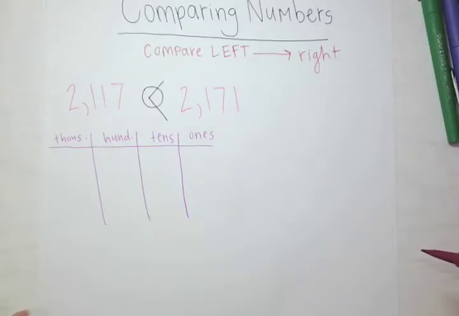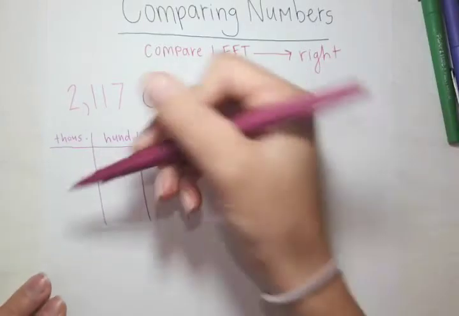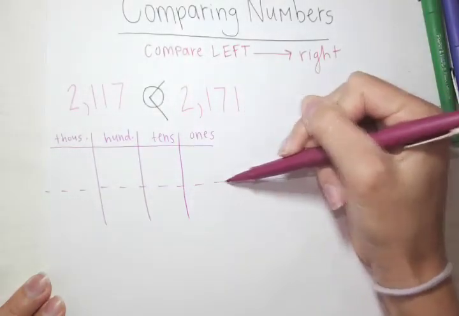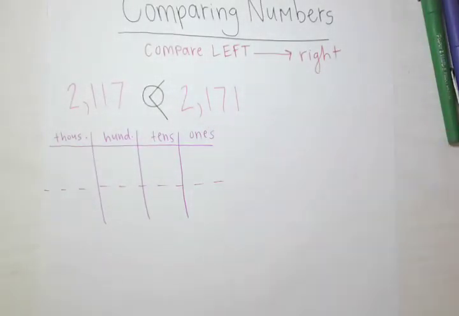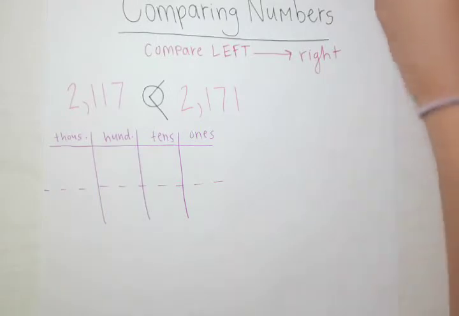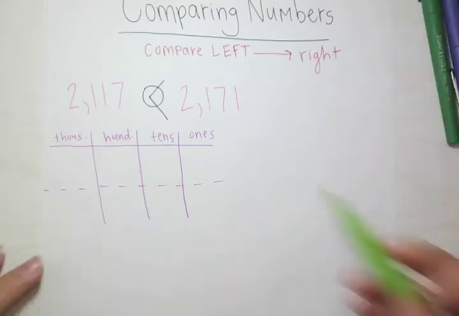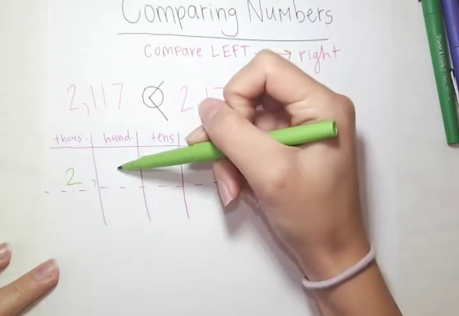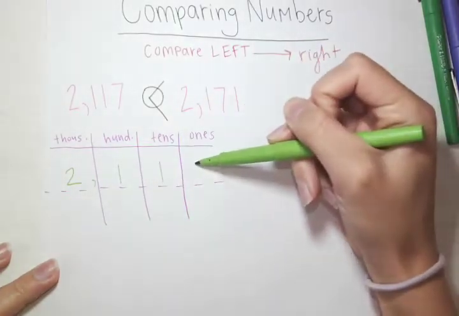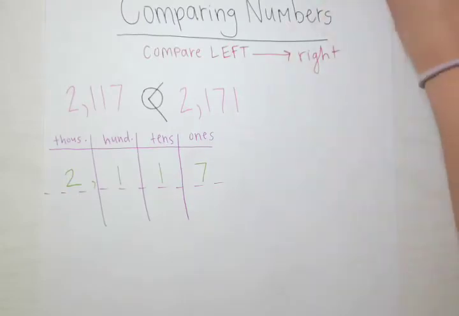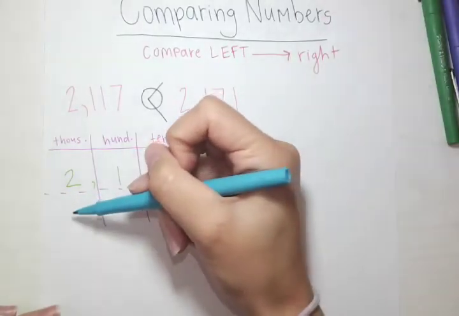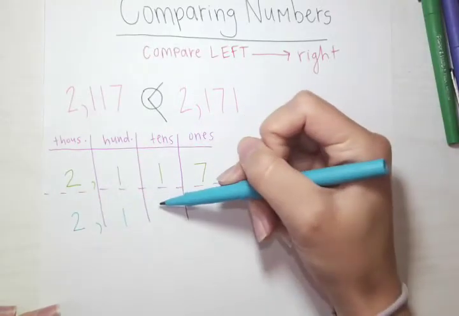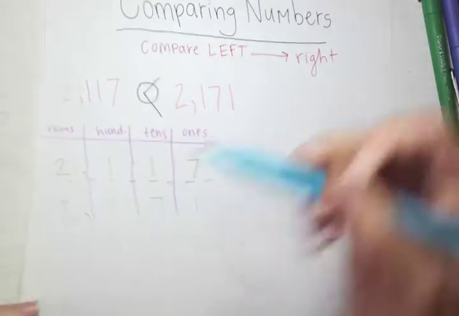And what we are going to kind of do is we're going to split this chart in half. Okay? The top is where we will write our first number, which is 2,117. And our bottom number is 2,171.